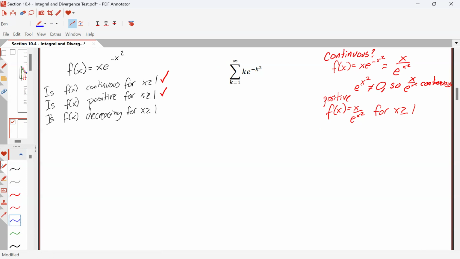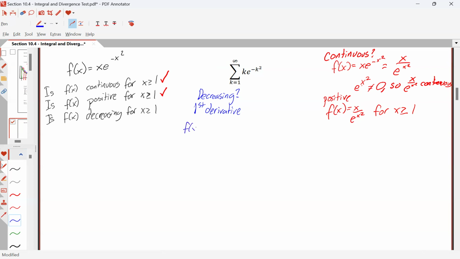Decreasing, we need the first derivative test. So we're going to use the first derivative test, which says if the derivative is negative, then the function is decreasing.